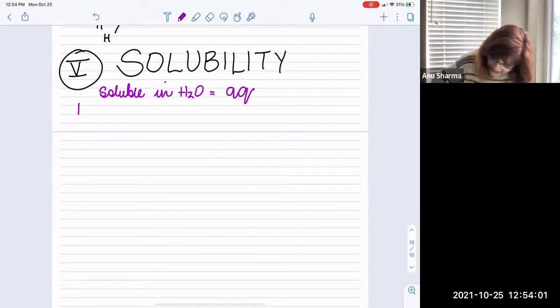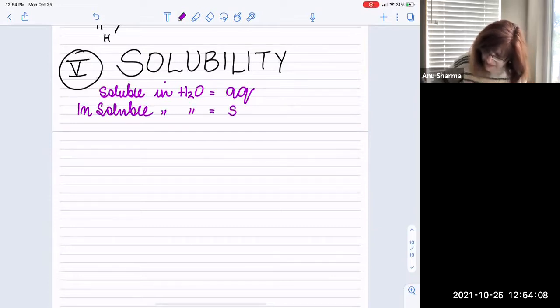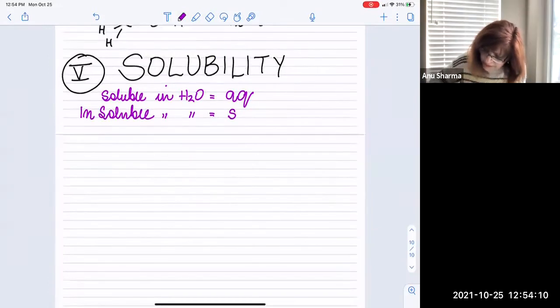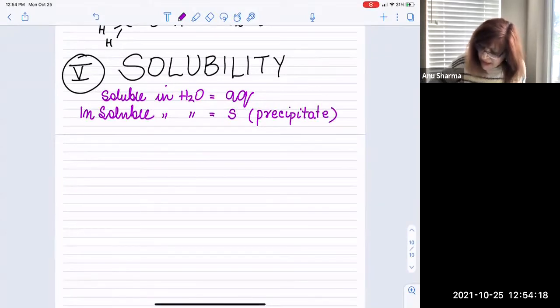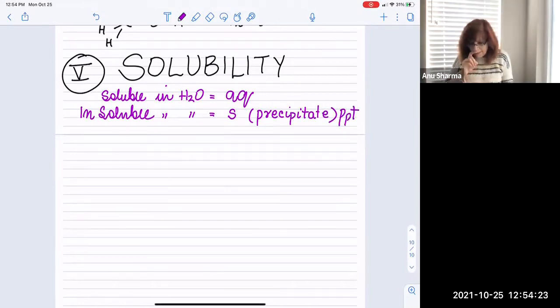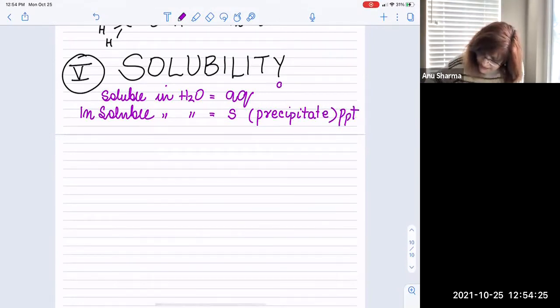When something is insoluble in water, then it is S. This is also known as a precipitate, P-R-E-C-I-P-I-T-A-T-E, and we also write this as PPT. And then, of course, something that is a gas is shown as that, and something that is a liquid is shown this way.